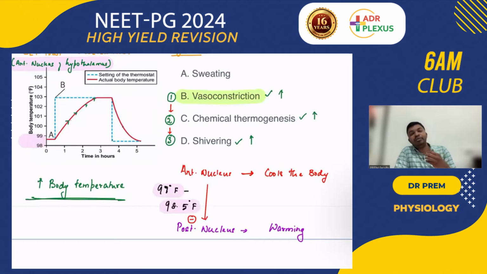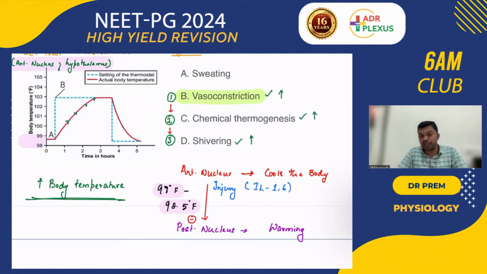Now, if anterior nucleus gets injured, let me be very specific, and this injury is essentially caused by interleukins, primarily interleukin 1 and interleukin 6.